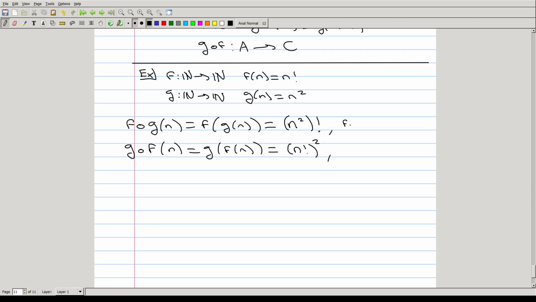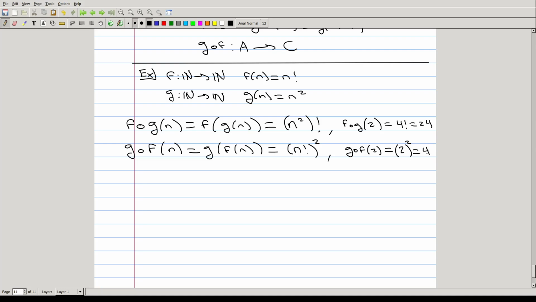So in this case, f composed with g of 2 is going to be 2 squared factorial, which will be 4 factorial, or 24, while g composed with f of 2 is going to be 2 factorial, which is just 2, squared, which itself is equal to 4.